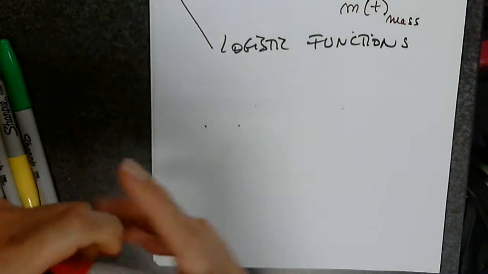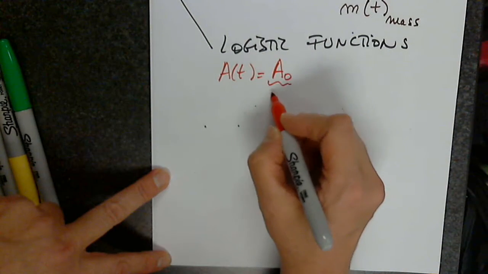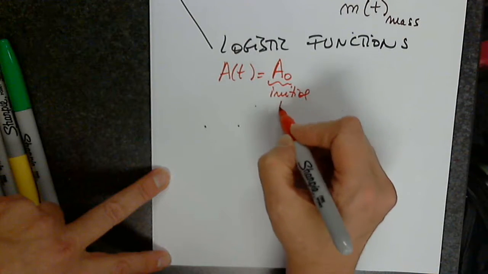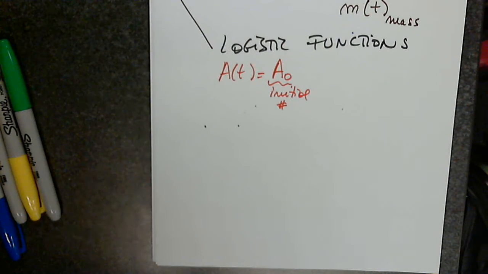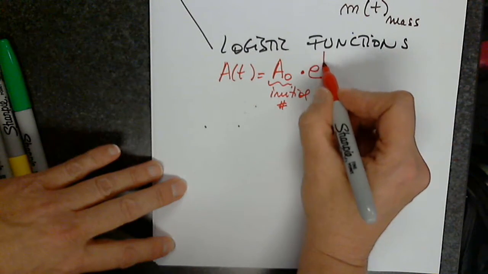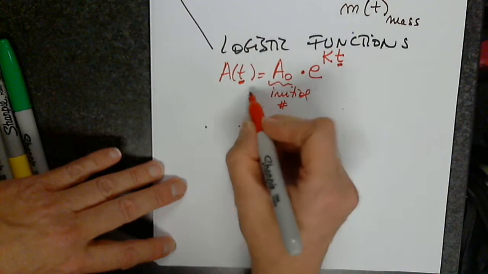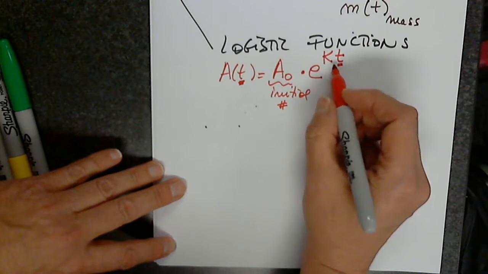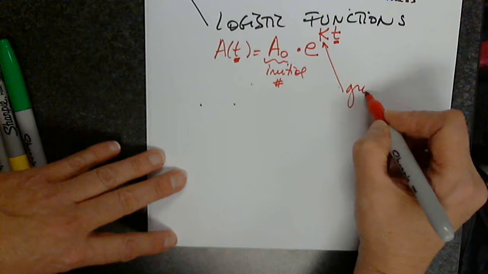The exponential growth function is A of t equals A0, the initial number of rats, people, mice, rabbits, bacteria, multiplied by e to kt. T is time. T is the only variable. K is the growth rate.